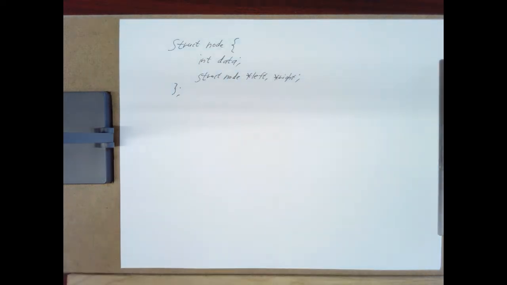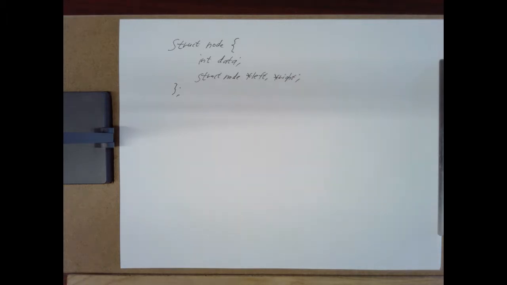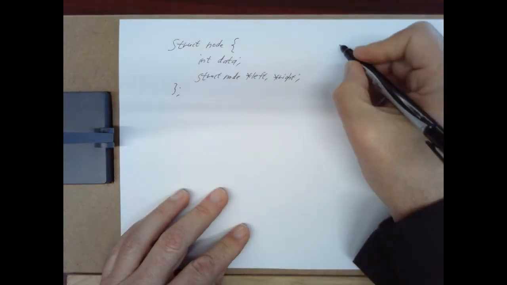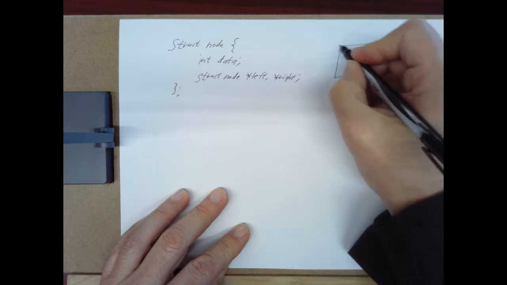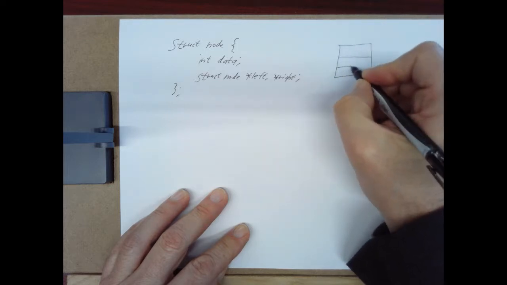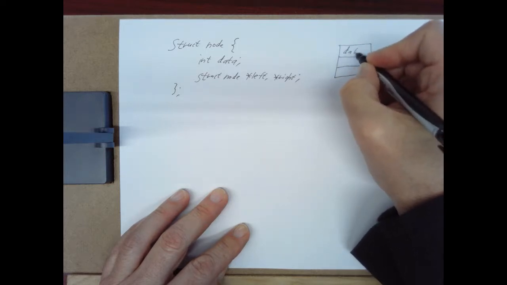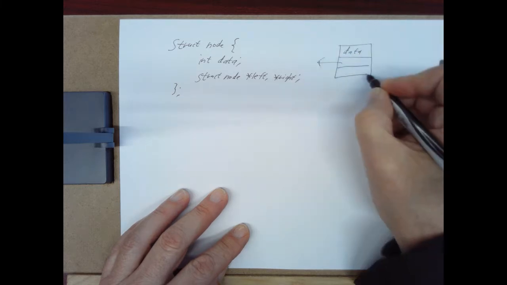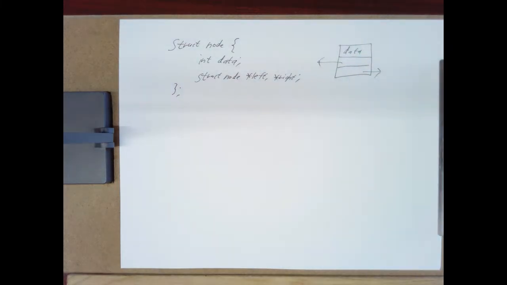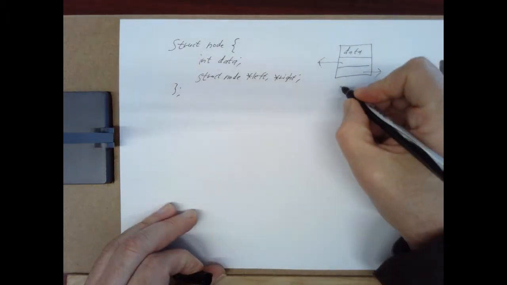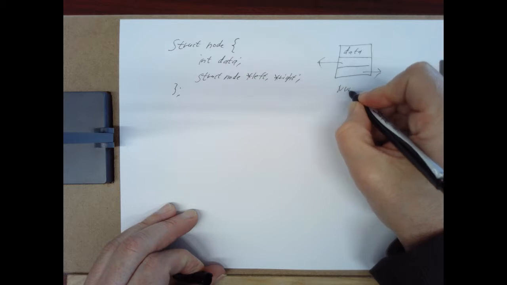So left and right are struct node stars. So our node is kind of like a linked list node, but it's got an extra pointer. So there's a piece of data, and then there's a pair of pointers, one to the left child and one to the right child. And those can be null if there's no child.